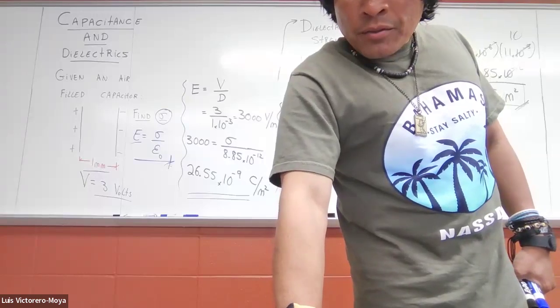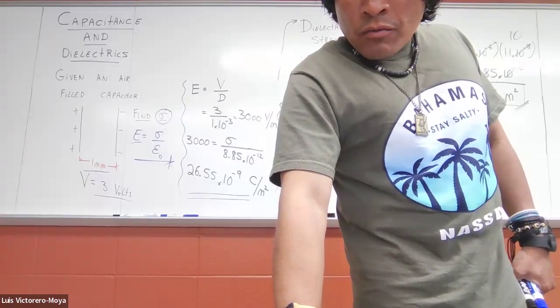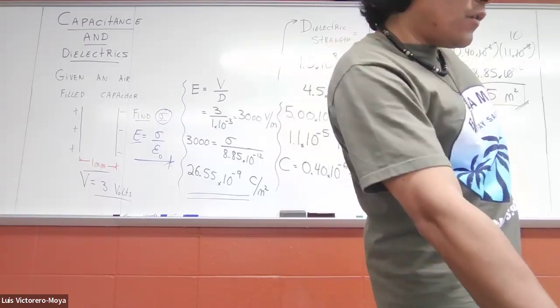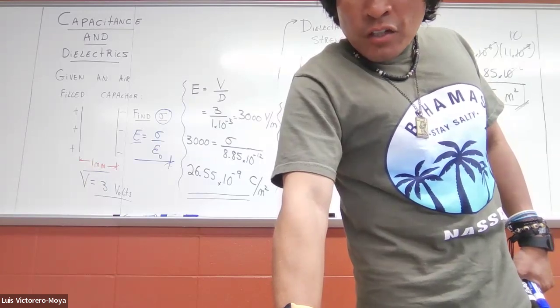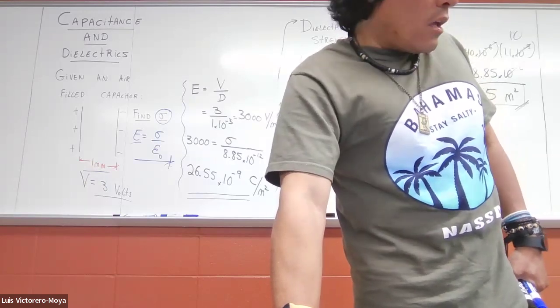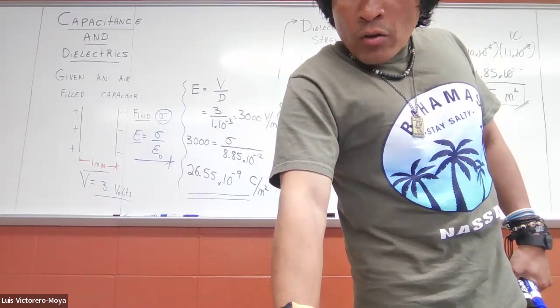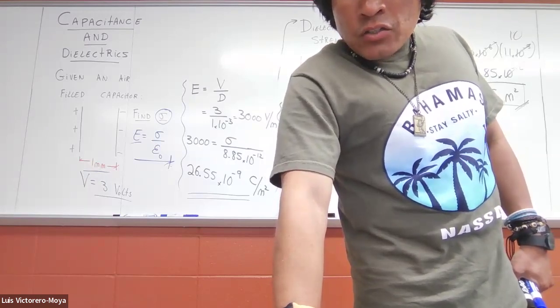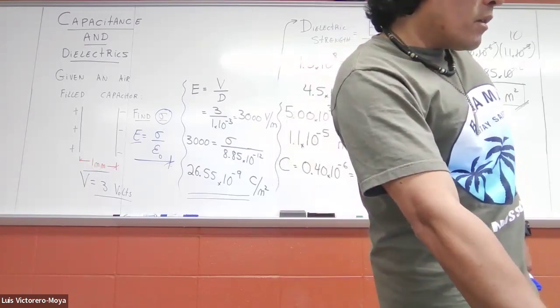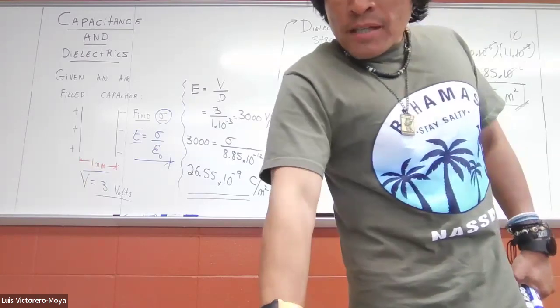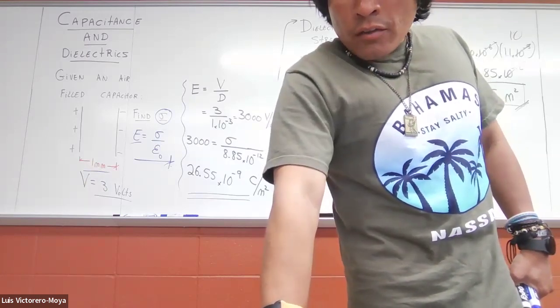And now we're going to go into the last section of this chapter, which is introducing capacitors in circuits. So at the end of the day, that is one of the objectives of this course, that you learn how to apply some of these concepts in electronics.